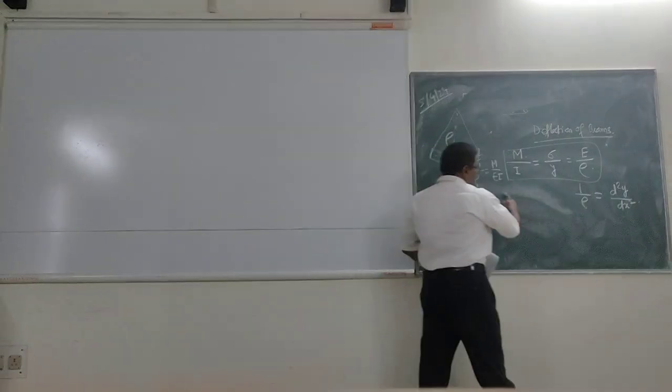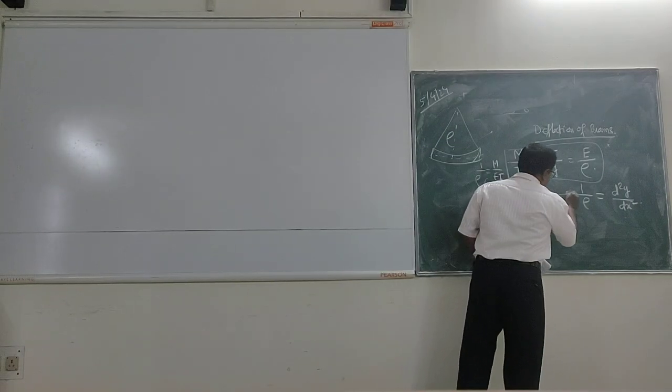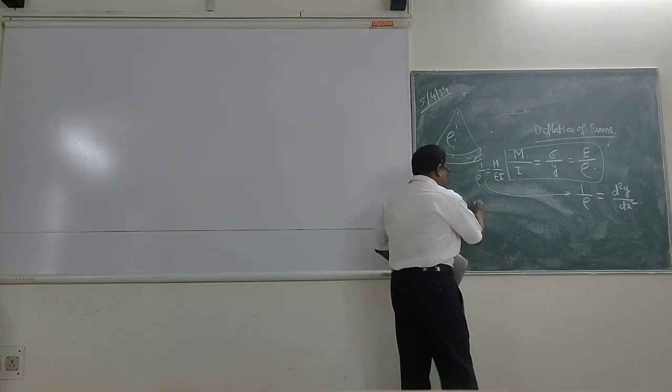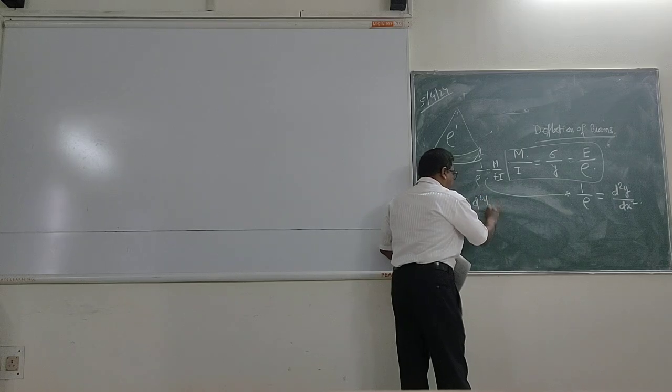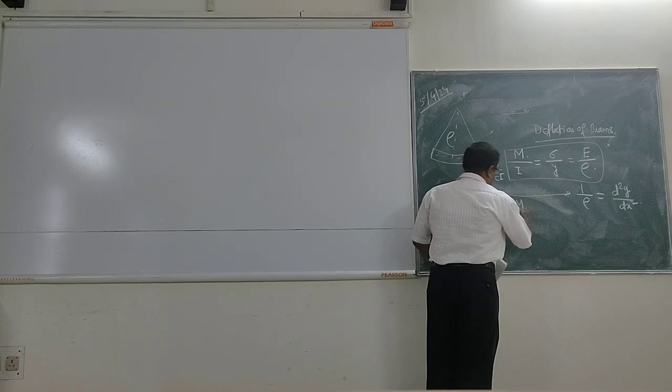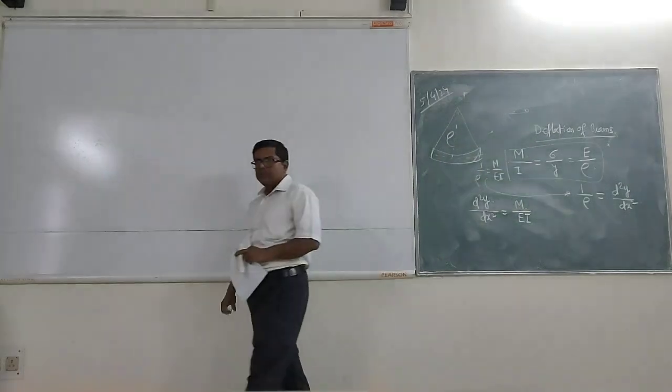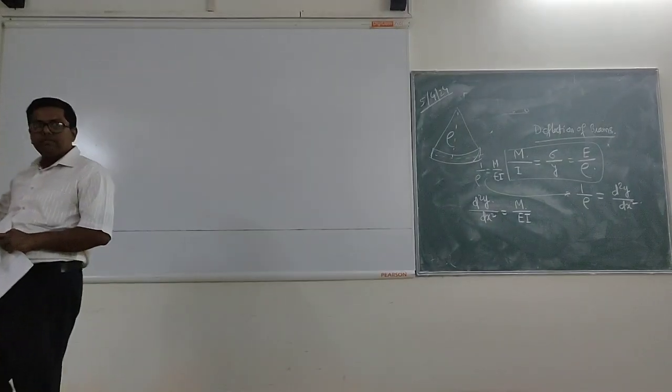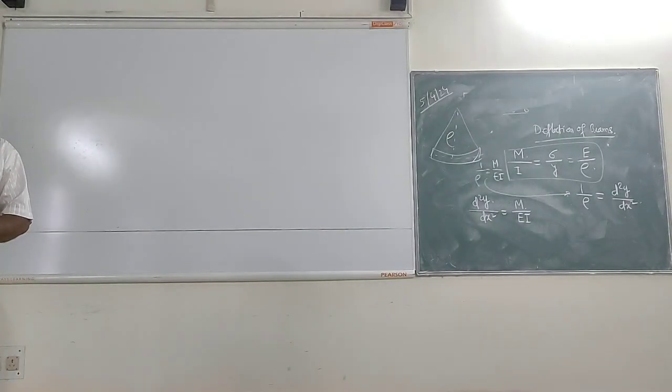So if I replace 1 by rho, what do I get? We will get d2y by dx2 is equal to M upon EI. Got it? Have you understood?